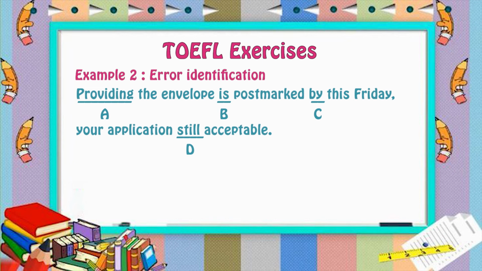What is the verb? That is is. So the sentence could be, your application is still acceptable. Providing the envelope is postmarked by this Friday, your application is still acceptable. So which one is the answer? Yeah, that is D. The one that contains error is D.